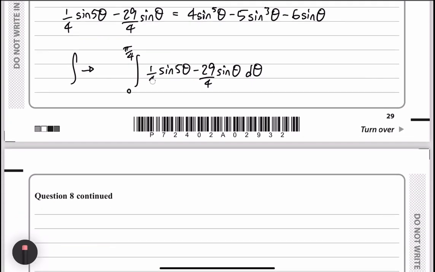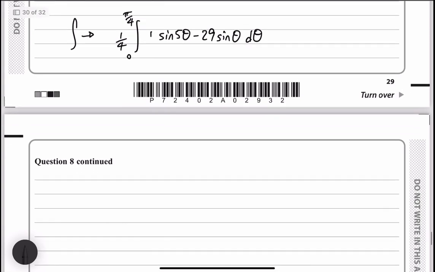So if I just take that quarter out, I don't like fractions in my integration, although there is a danger of forgetting the quarter is in the front there, so sometimes I put them in. Don't need that 1 there anymore either. So we've got 1/4 of the integral of sine 5 theta, which is minus 1/5 cosine 5 theta, and plus 29 cosine theta from 0 to pi by 4.